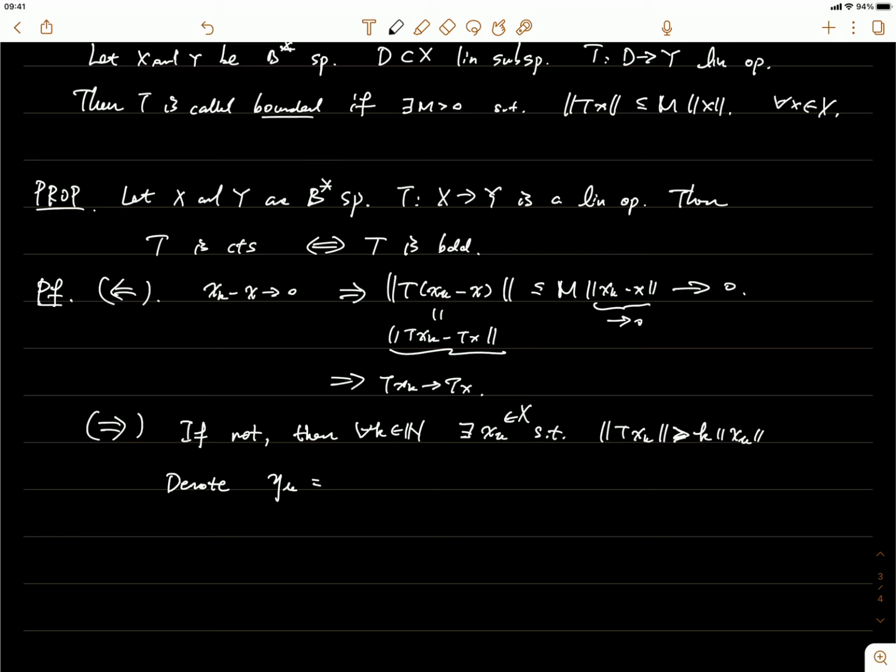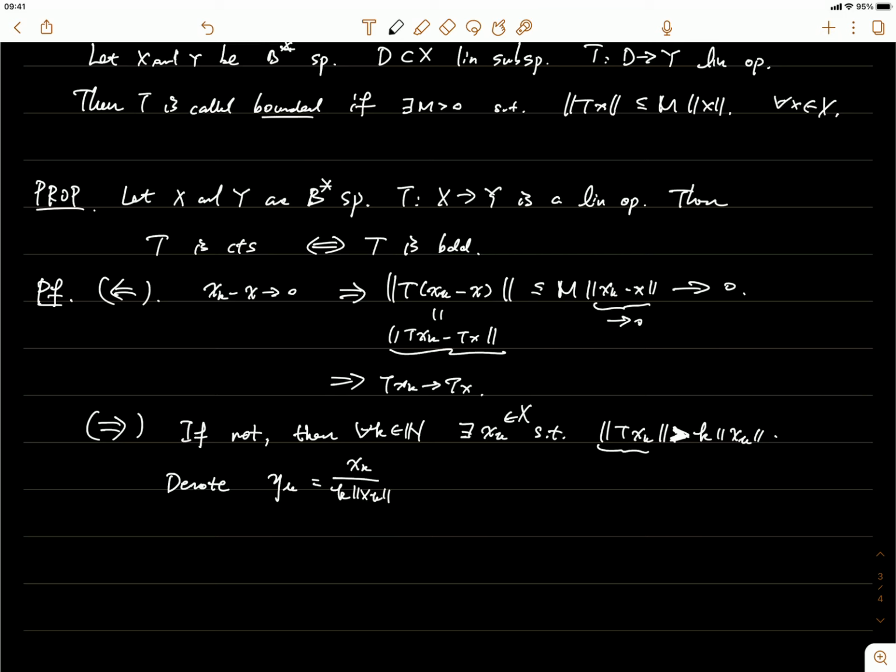Sorry, it should be bigger than. Then this cannot happen, because on the right-hand side it is bigger than 0, and on the left-hand side you cannot have it equal to 0. So xk must be non-zero in this case. So we can consider xk over k times the norm of xk.